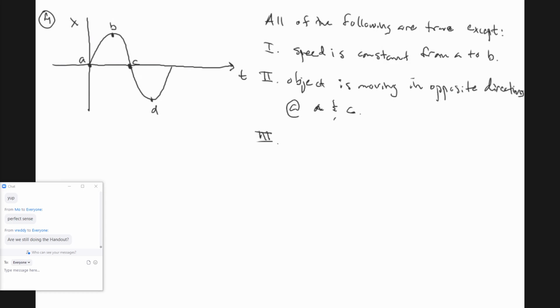I kind of deleted it. I was running out of pages on the whiteboard and had to make an executive decision. 3. Speed at C is less than speed at D. 4. Speed at B is equal to 0.